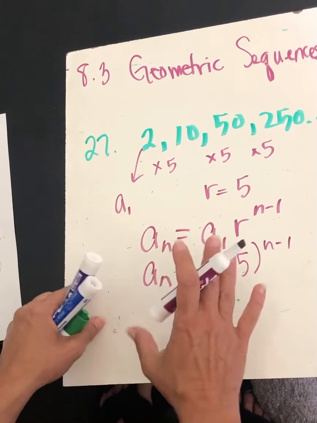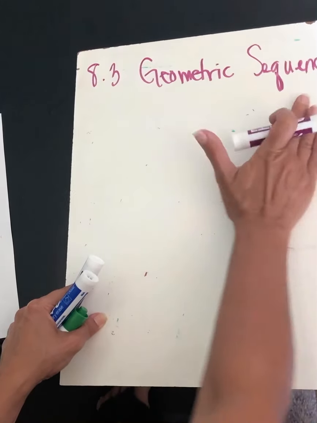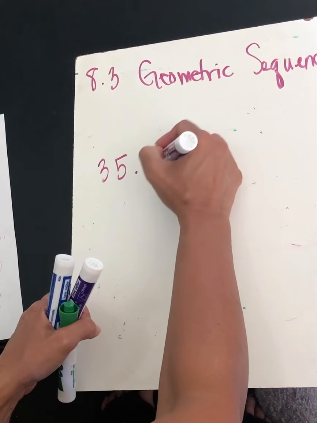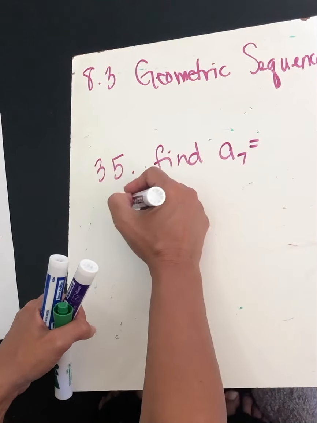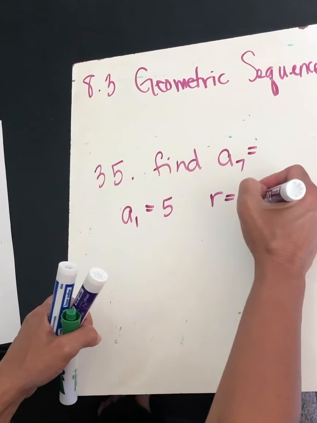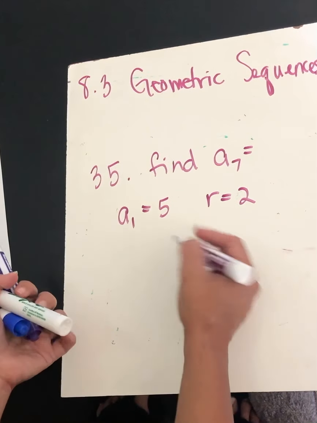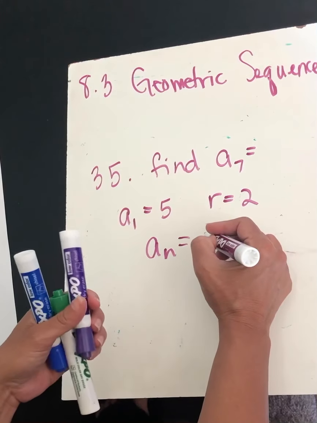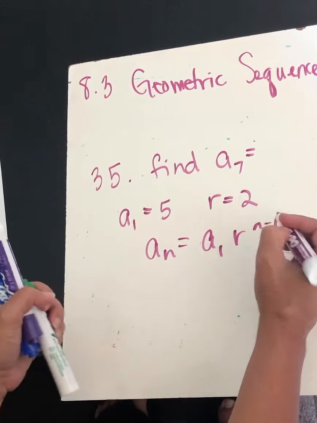The next one I'm going to look at is number 35. So on number 35, it asks you to find A subscript 7. It gives you the first term, A subscript 1 equals 5, and R, or the common ratio, equals 2. So to find the seventh term, we're going to substitute into A subscript n equals A subscript 1 times R to the n minus 1.